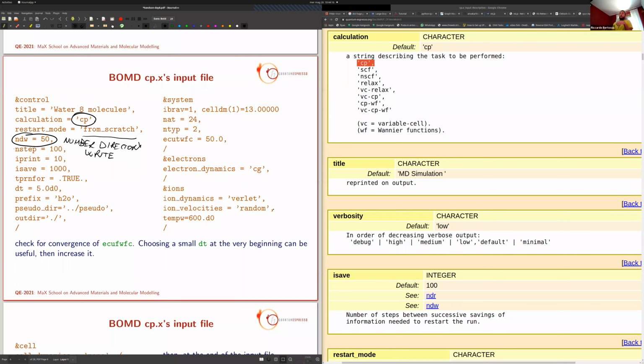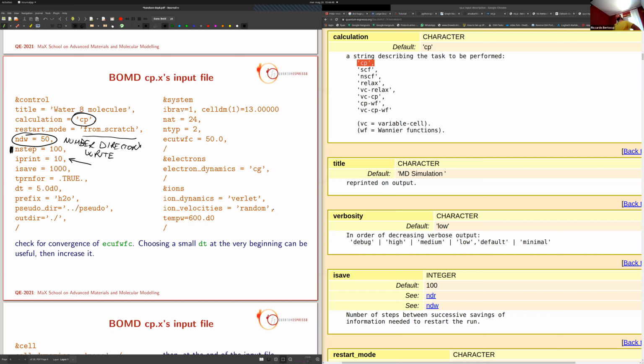Then you have to tell, of course, how many steps you want in your molecular dynamics simulation. Here, for example, we are doing 100 steps. Then this variable is important since usually the time step is very small. To compute the quantities that you want for your research, for example the pair correlation function, the g of r, you don't need to save every time step of the dynamics.